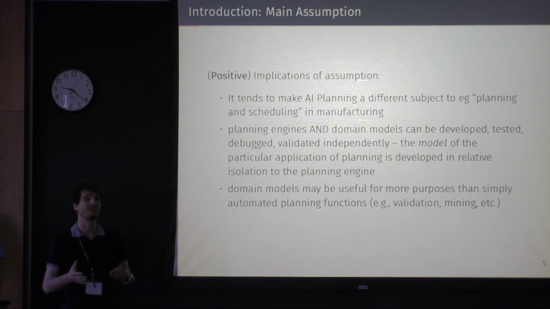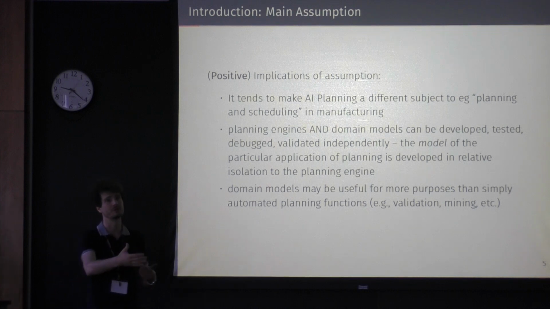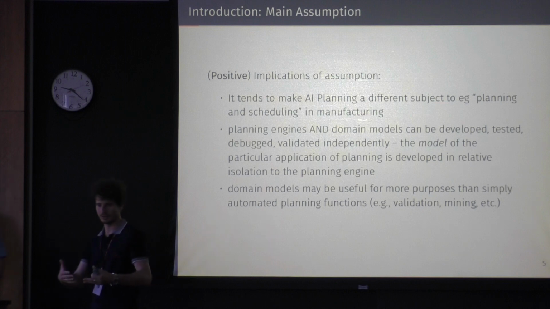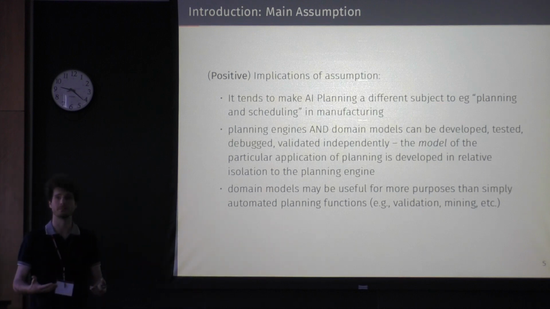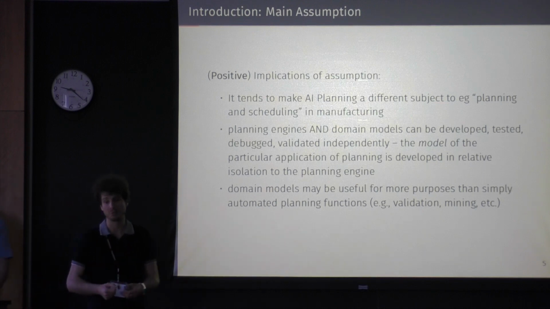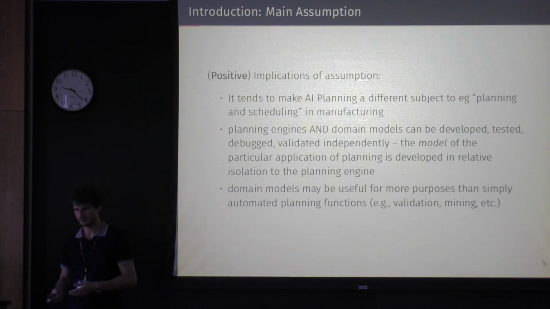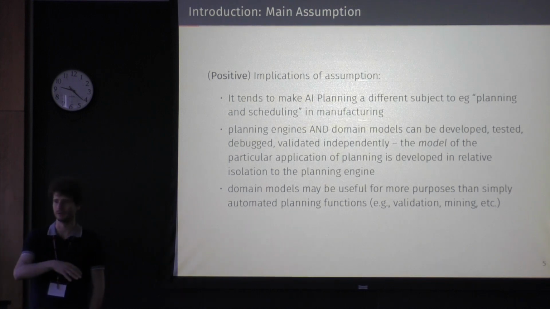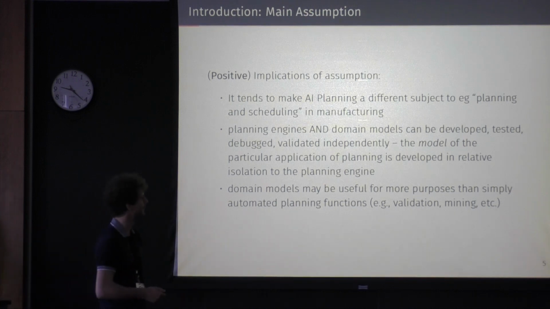So you can use it for validating a plan which has been generated, for instance, by a different approach, or you can use it for mining and machine learning purposes, or for conformance checking, for instance. So the fact that you have a formal representation, which is decoupled from the reasoning side, allows you also to exploit this model for different things. Clearly, these are the positive implications.